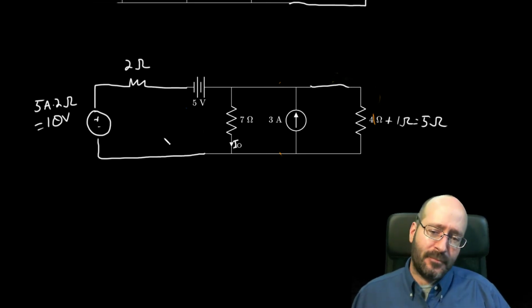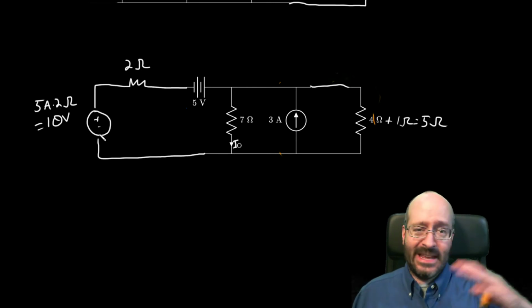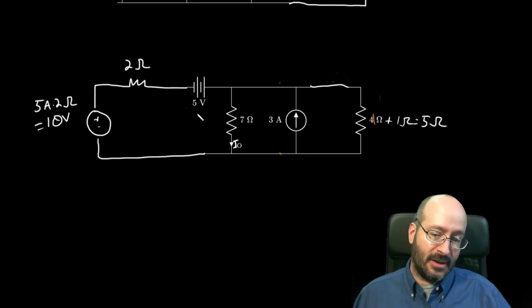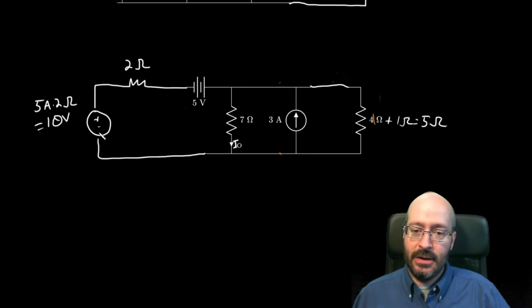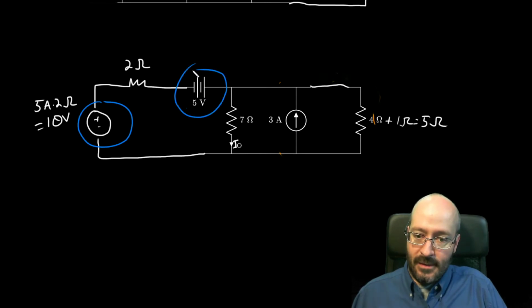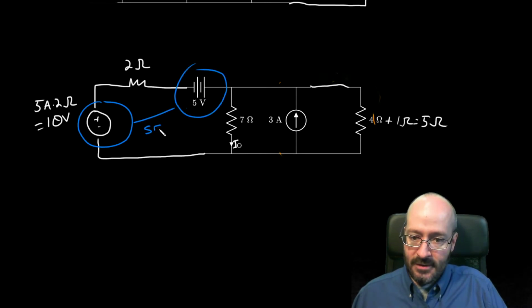Okay, so making that conversion is equally valid, but when I reconnect it to the rest of the circuit, which I'm treating as the load, these voltage supplies are now in series, right? This one is in series with the 2 ohm. This one is in series with the 2 ohm. So therefore they're in series with each other. So I can combine those. Right, so that and that are in series.